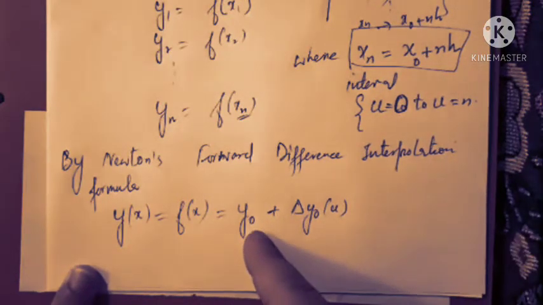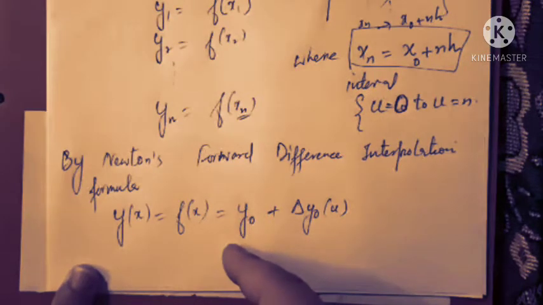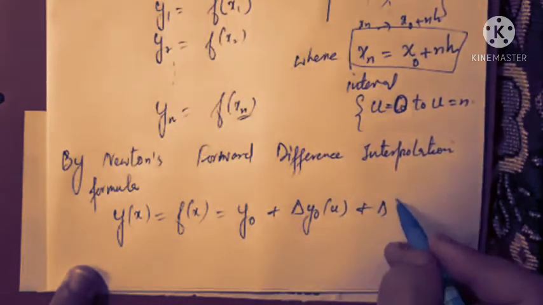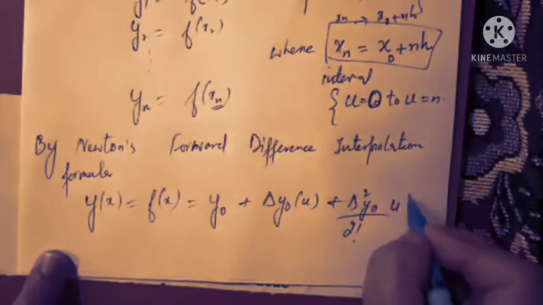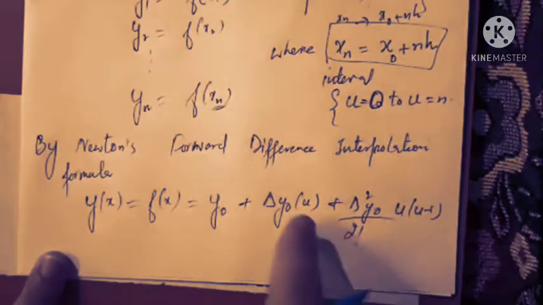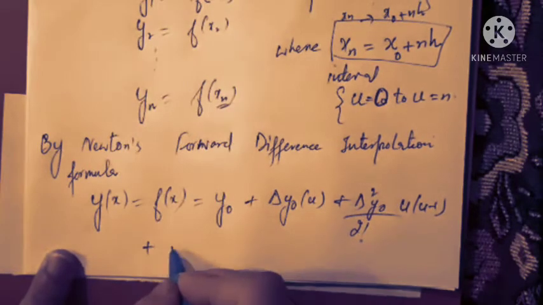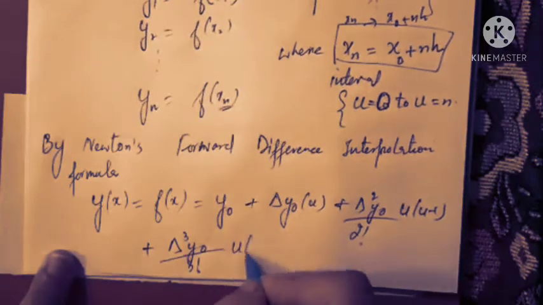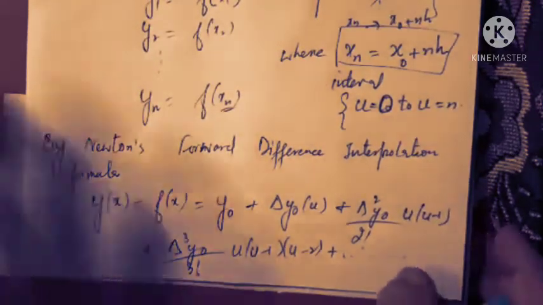If I started from 0 initially here, it doesn't matter. You can start from 1 as well. But it should be the same: plus delta square y0 divided by 2 factorial u into u minus 1. This just represents how you represented the data set, plus delta cube y0 divided by 3 factorial u into u minus 1, u minus 2, plus and so on, right? This much we know.